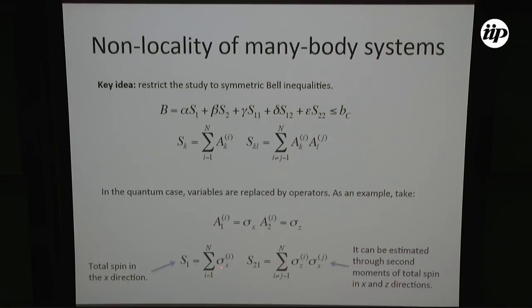When you sum sigma x on all particles, this is the global spin of the big system. And when we take just the product of two measurements, this is a two-body correlation function. So the nice thing is that you are computing moments of first and second order. This is why this Bell inequality is nice for experimentalists.